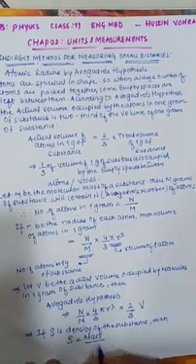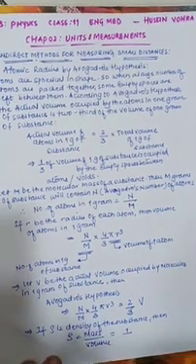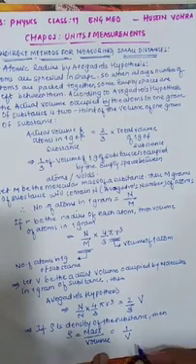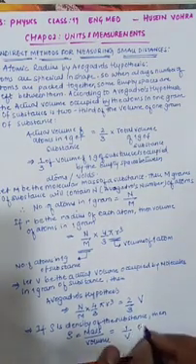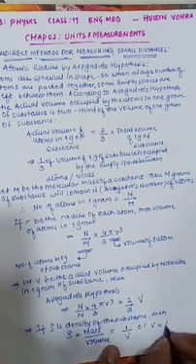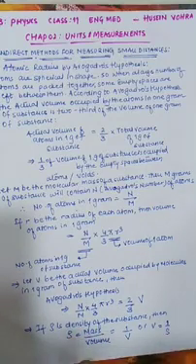Mass upon volume. We can take mass 1 gram, volume we can take V, density is equal to 1 by V. Till this clear? Or from here you can say V is equal to what? 1 by rho.